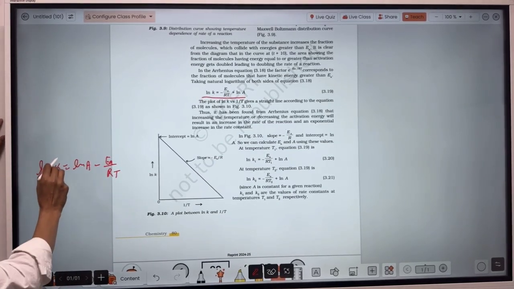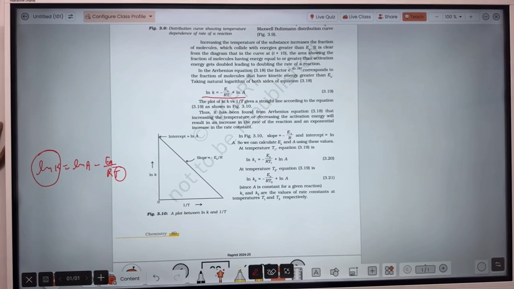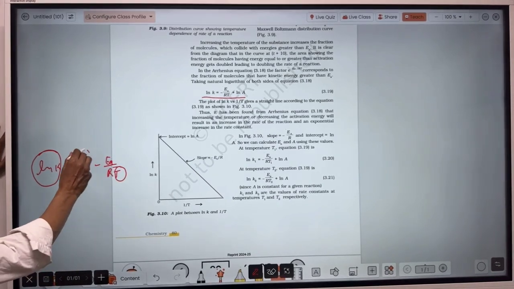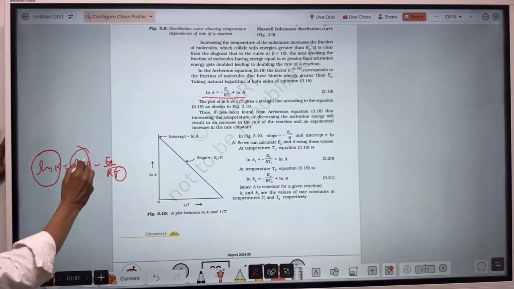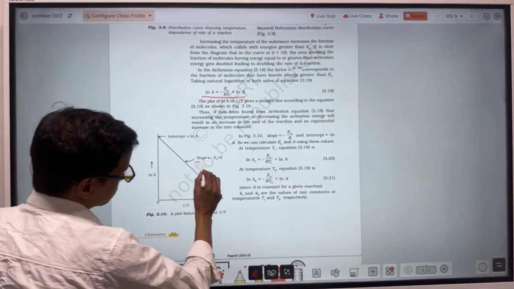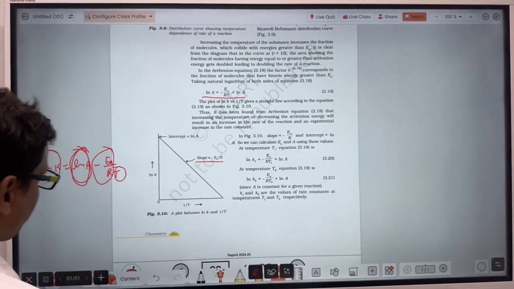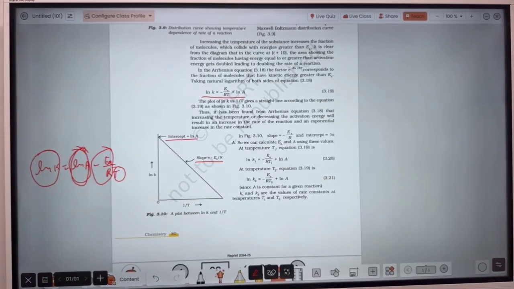That means when you plot the graph of log K versus 1 by T, it will be a decreasing graph, of which the intercept will be log A and the slope will be minus Ea upon R.